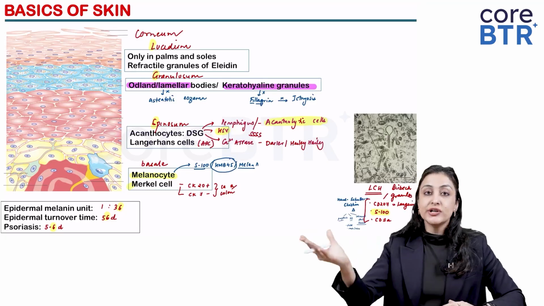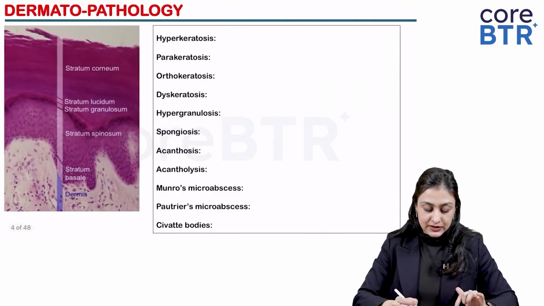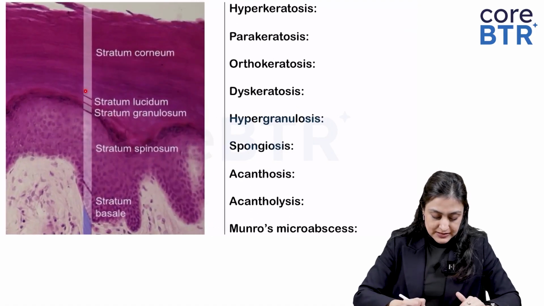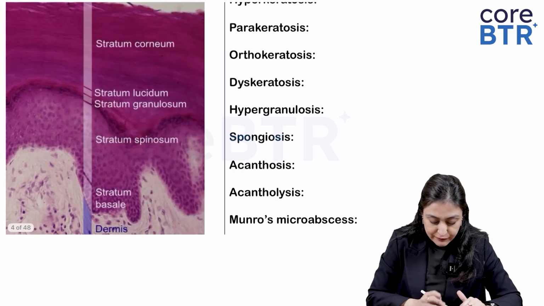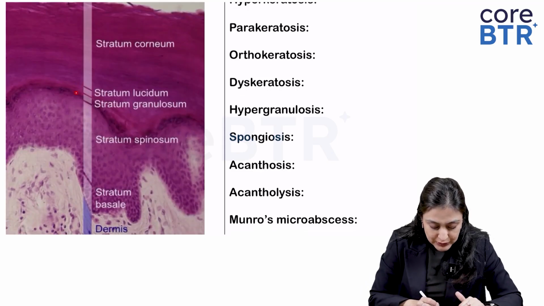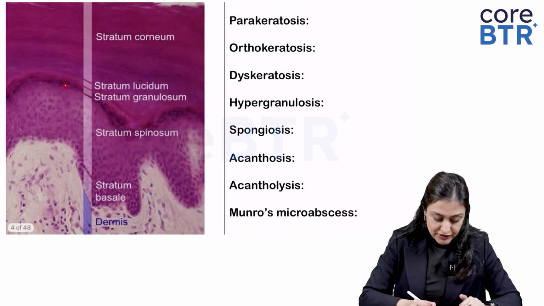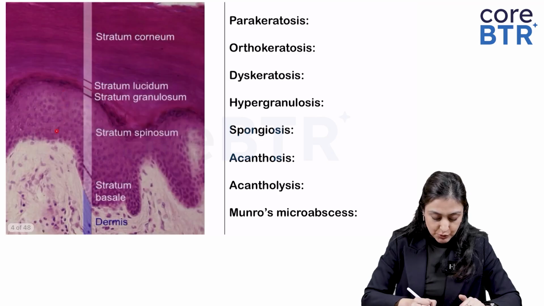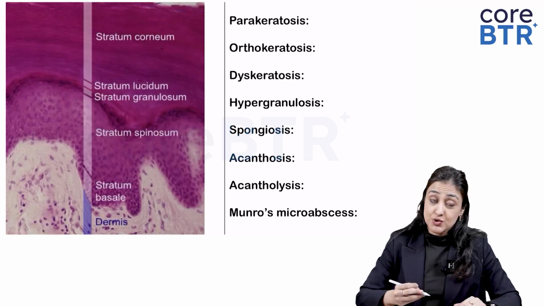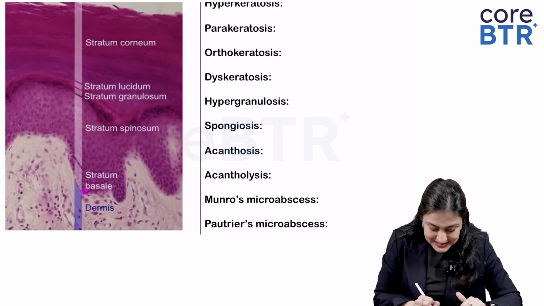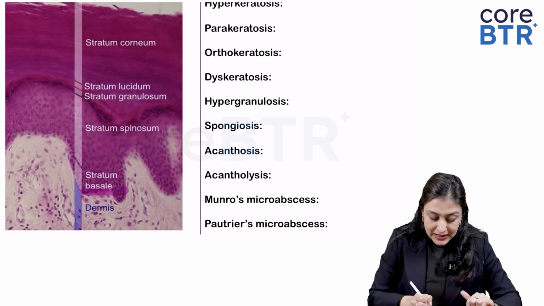Now let's go to dermatopath and understand a few terms, right? So this is just one more image. Let's see. This is the stratum corneum, lucidum very, very thin. This is granulosum where you do see some dark granules. Rest of it is spinosum and the lowermost is basal. So how to approach this histopath image: you can see basal, basal will be at the bottom.